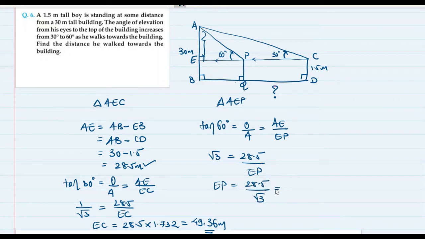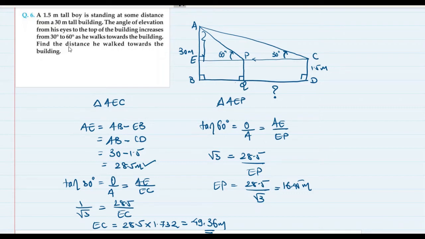Let's find this. 28.5 divided by 1.732. On division you get 16.45 meters. So this is 16.45, and the whole thing from E to C is 49.36.